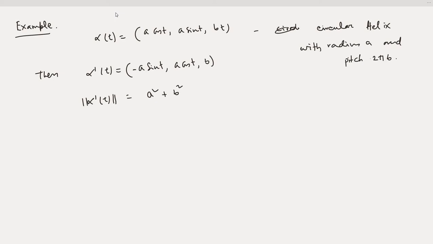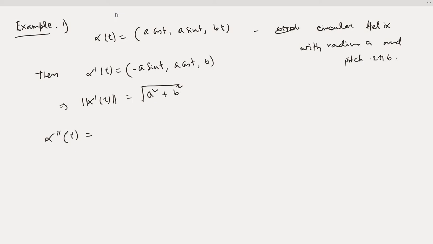Okay, so this is the norm of alpha prime of t. Now we compute the second derivative alpha double prime of t, so this is example 1.